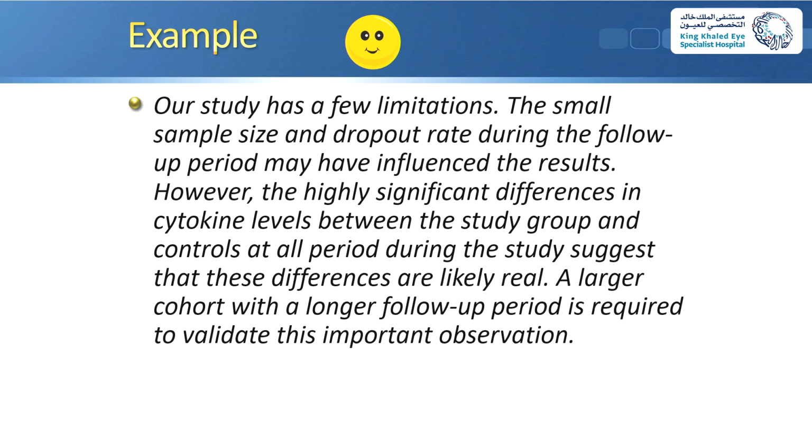And again, reflect on the study saying that probably a larger cohort with a longer follow-up period is needed to validate. That means you've thought about the study, you've thought about how this implies.